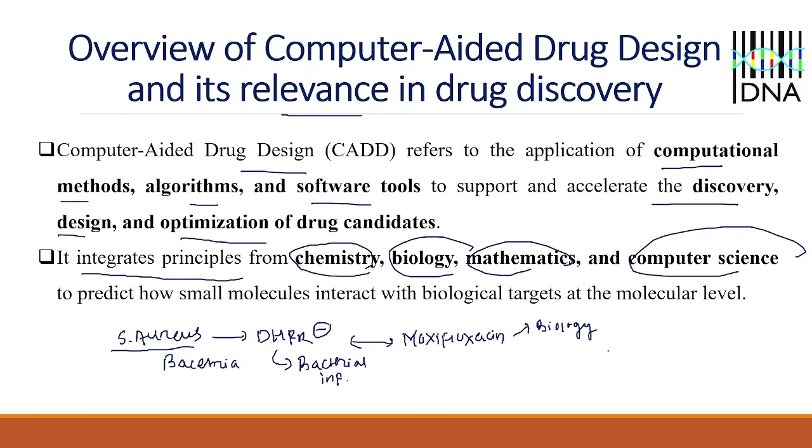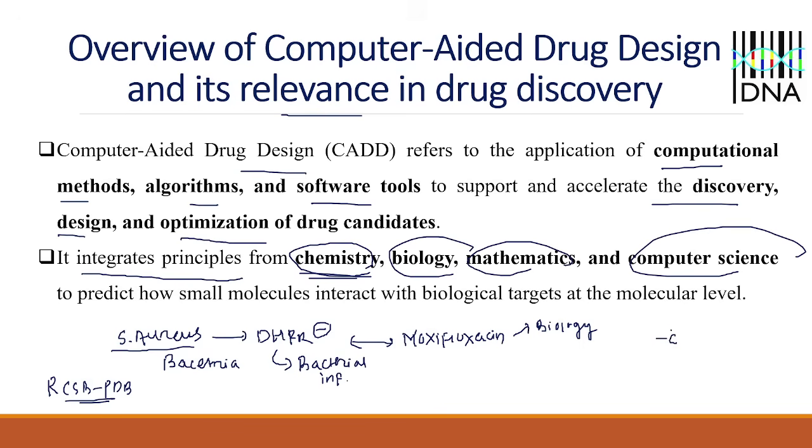Okay, next, how is it chemically relevant? If we have the 3D structure of dihydrofolate reductase, we can find that 3D structure from the RCSB-PDB, the protein database. This dihydrofolate reductase is a protein or enzyme, so that enzyme must be made of amino acids.